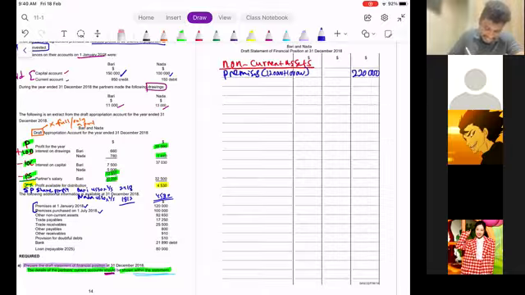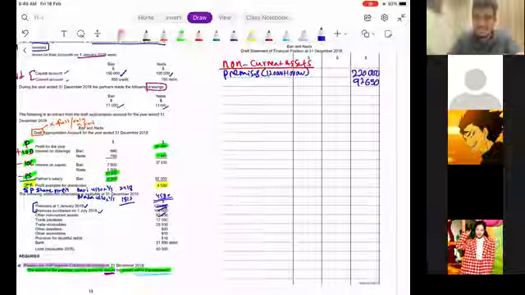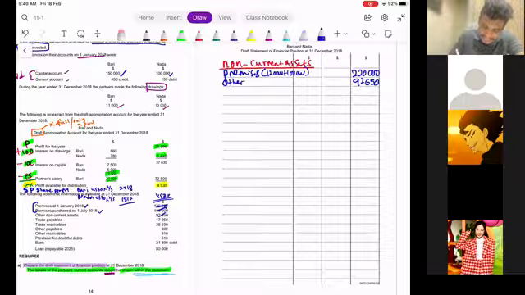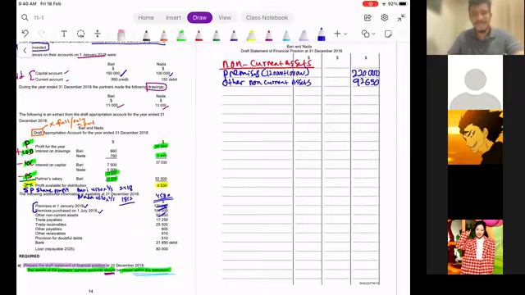After that, other non-current asset, 92,650. Yes, 92,650 right here. Other non-current assets. What is the meaning of other non-current asset? Actually, like motor vehicle, furniture and fittings, office equipment, all this.